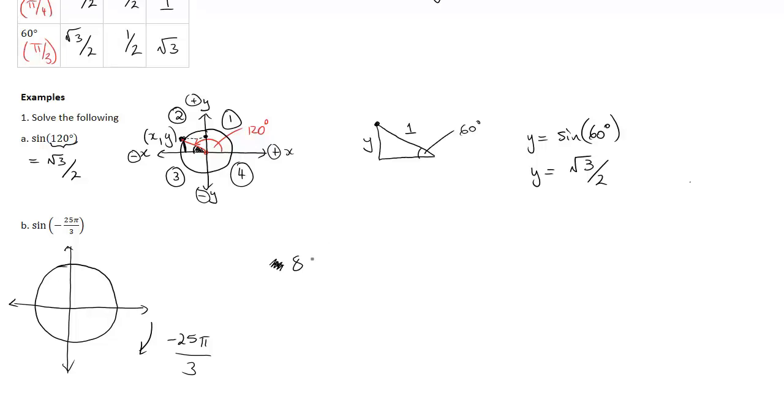So 8, and 1 pi on 3. Because this is still minus, we end up going to pi on 3, which is that angle there. So pi on 3 is where we land, and this is going to be the fourth quadrant.